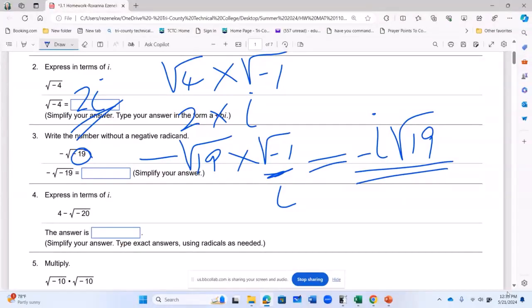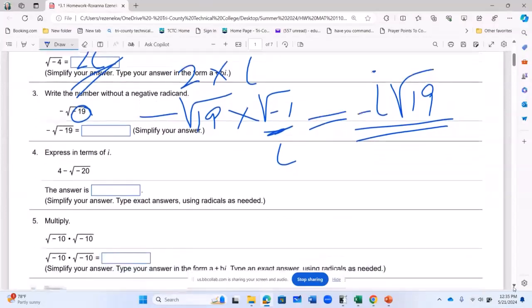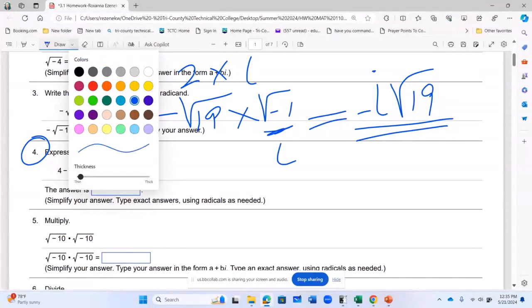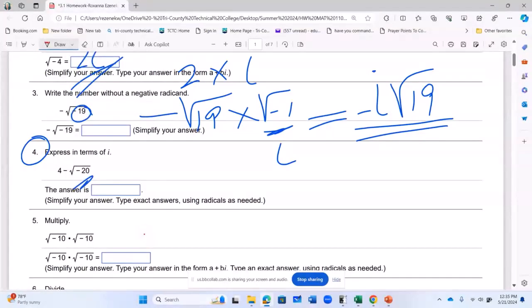The same thing with number 4. So factor out the negative, and find all other factors. What I have is 4 minus the square root of 20 multiplied by the square root of -1. And I can also factor what is inside this radical sign, the radicand here.